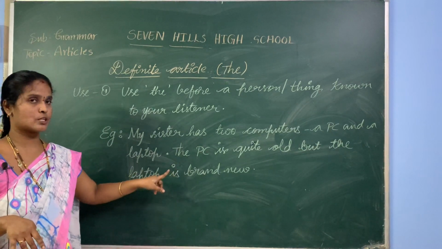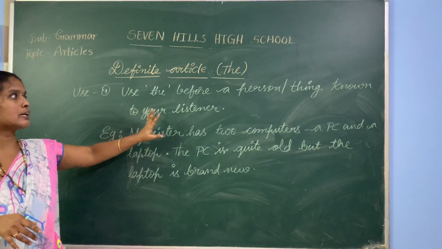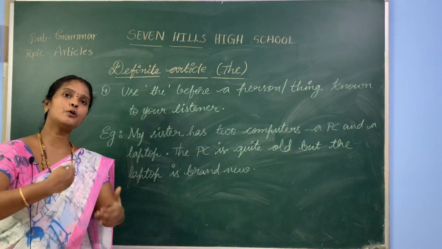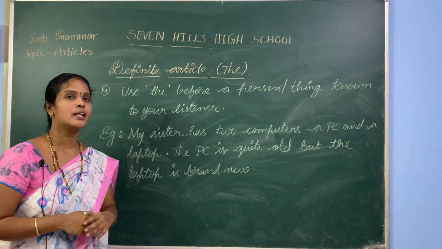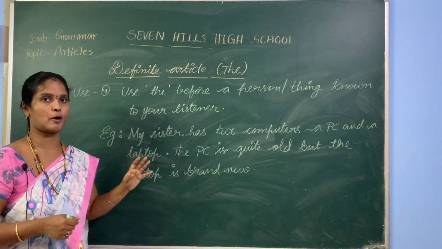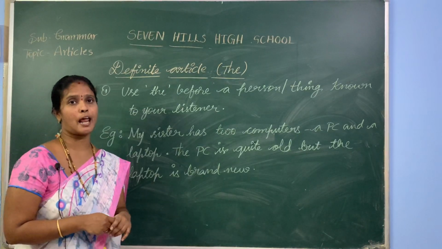So because of that reason, I used the here. So what is the first use? Use the before a person or thing known to your listener. Here it is unknown, but here it is known. That's why I used a PC and a laptop in the first sentence, and in the second sentence I used the PC and the laptop.